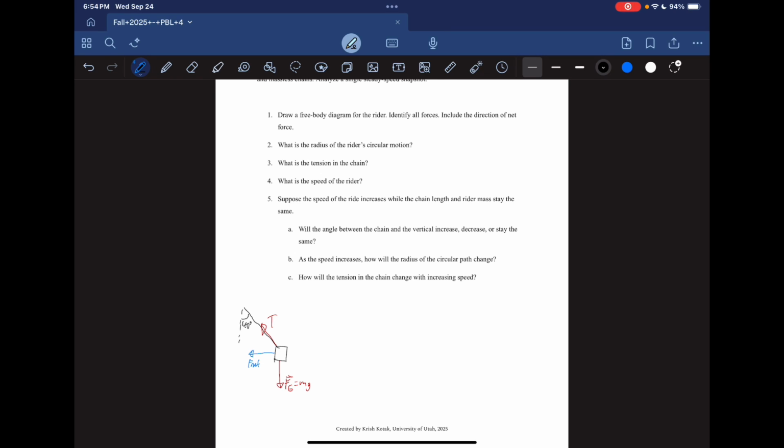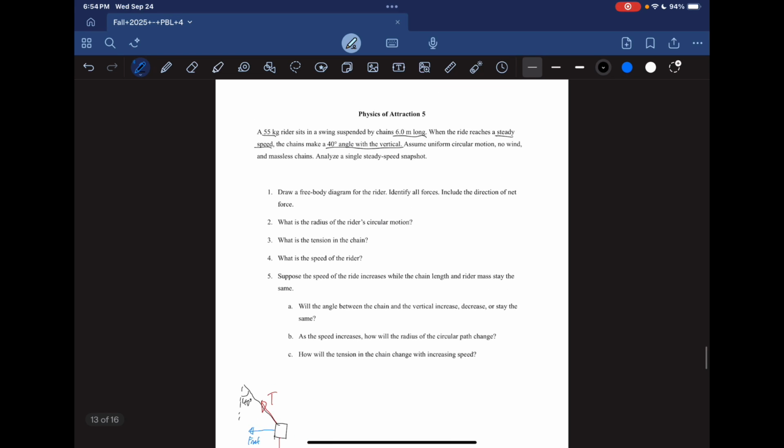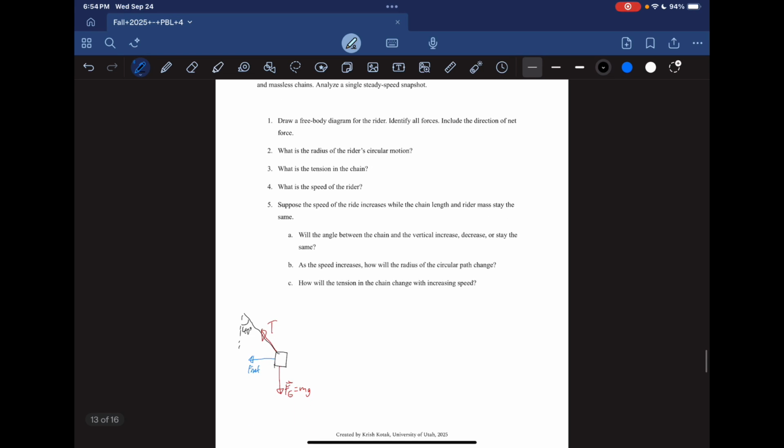The next question is, what is the radius of the rider's circular motion? We already know that the chains are 6 meters long, and we know this 40-degree angle, so we can use trigonometry to calculate this part, which is the radius of the rider's circular motion.